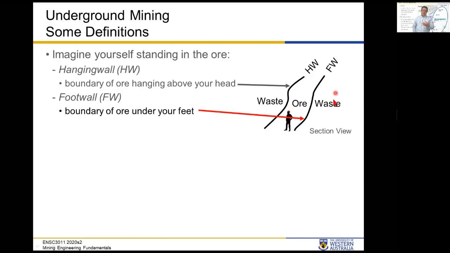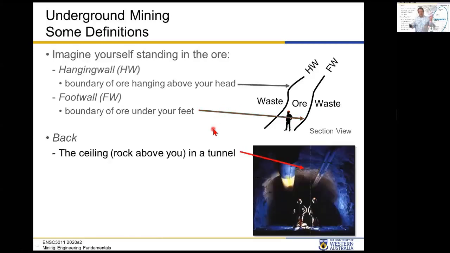So they'll say the footwall rock, meaning this waste here, or I came in from the footwall side, meaning the tunnel came in here. In any given mine, this will equate to west, east, north, south, or whatever, but people still will describe it as the footwall side, hanging wall side. One other term you need to know is the back, which is the ceiling, the rock above you in a tunnel.